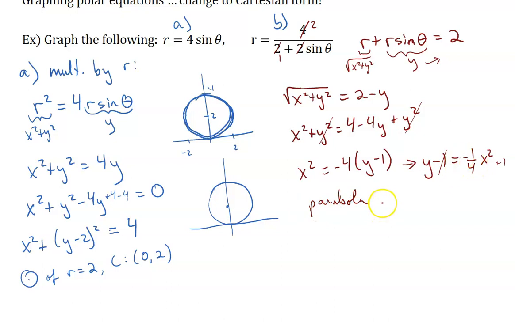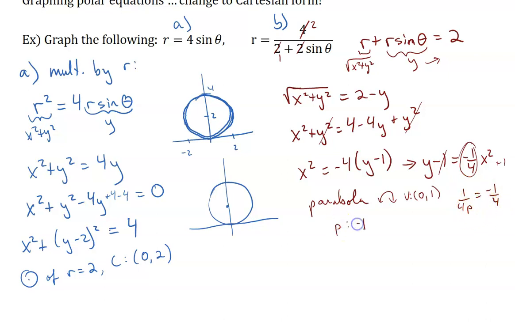Okay, so this is a parabola. We know that it is going to open downward, and we know that it has a vertex at the point 0, 1. Okay, so that's our vertex. And then let's see, for graphing, oh, p-value. Okay, so p is, this right here is 1 over 4p. So that means 4p is equal to negative 4, meaning p is equal to negative 1.